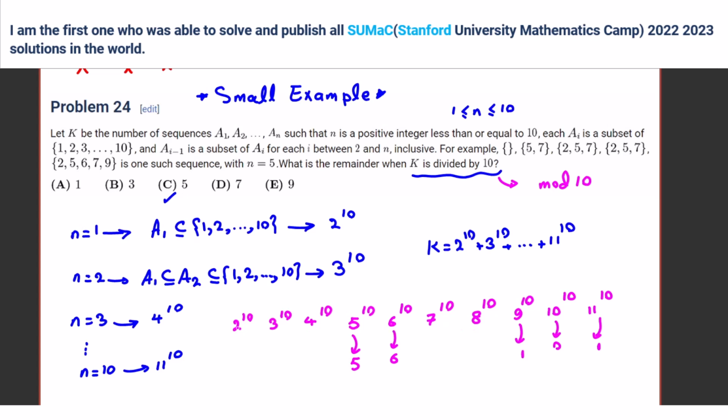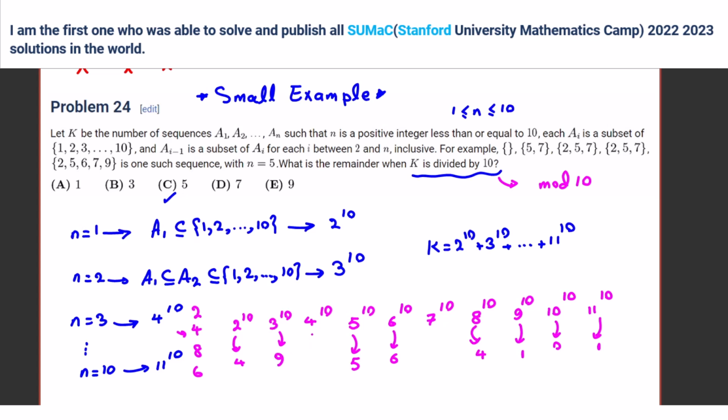Let me tell you something. For 2, do you agree that because the power is 10, 2 to the 10 and 8 to the 10 are equal? Yeah, because 8 is negative 2. So for 2, 4, 8, 16, which is 6, and again 2, 4, 8, 16. So it's 4. Yeah. So because this one is 4, this one also is 4. For 3, again, the period is 4.